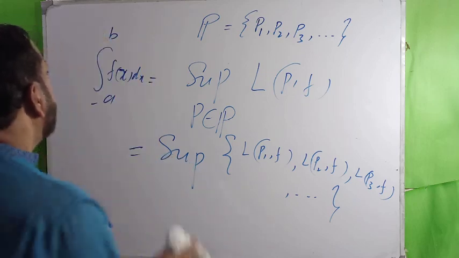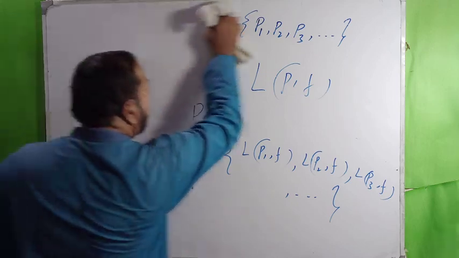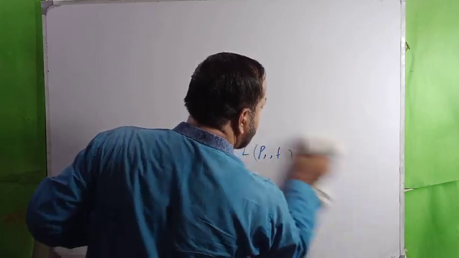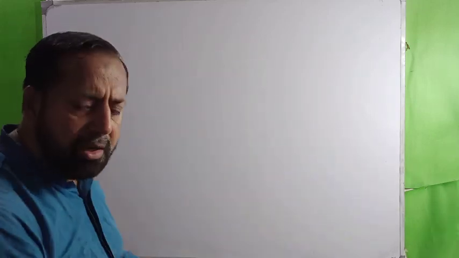Next, Riemann says that if these two are equal, then they must have some equal value.